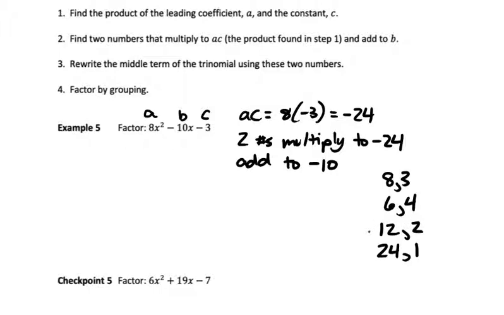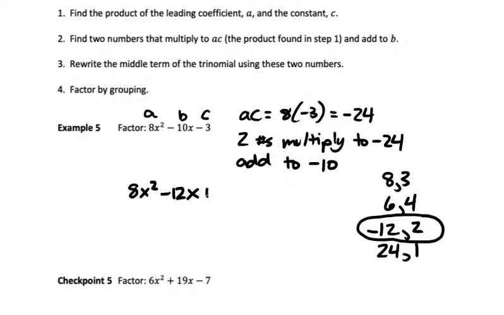The 12 is going to be negative because negative 12 plus 2 is negative 10, and negative 12 times 2 is negative 24. So what we do with those two numbers is we go back to our original trinomial here, and we break up the middle term. So our first term stays the same, that's 8x squared. We break up the middle into two terms, putting these two numbers we just found in front of x.